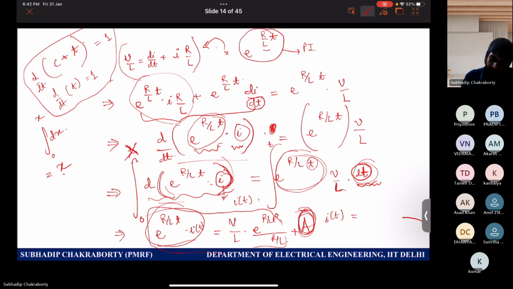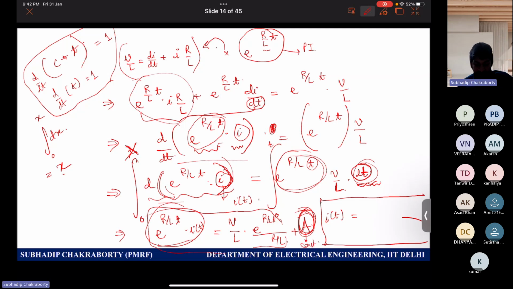So after you know this thing, can you tell me what is i(t)? This is a constant term, right? Just solve what is i(t) coming and tell me. So the e to the power of the first term will be cancelled, right? There is an e to the power r by L here also. So it will just be coming V by r.